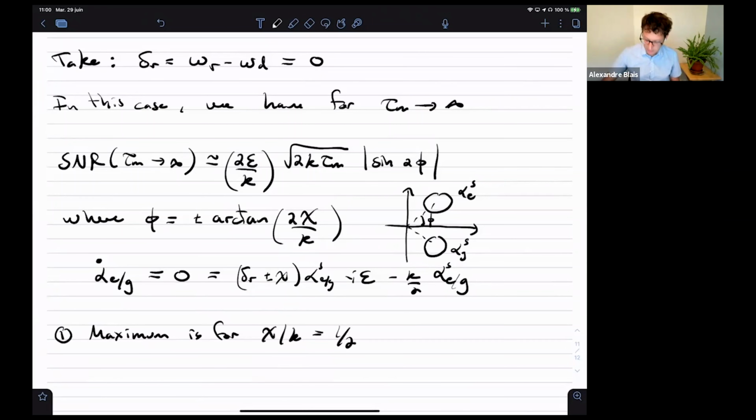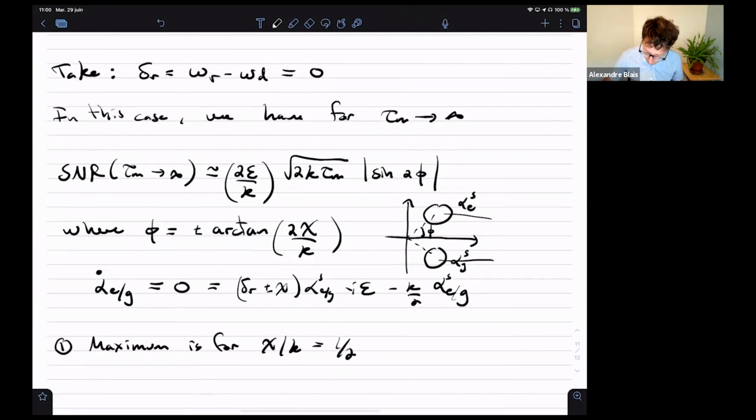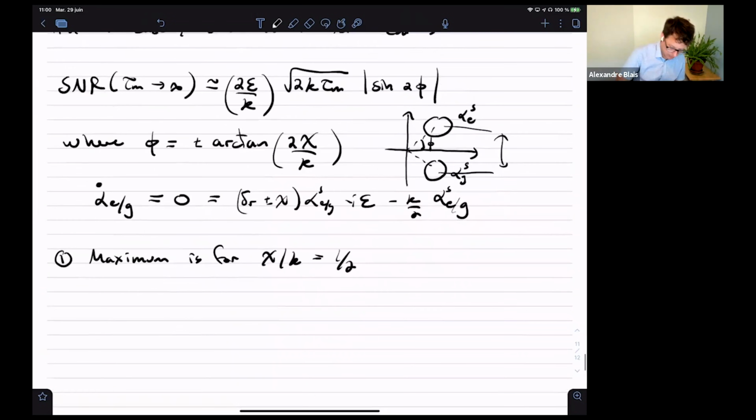So the maximum separation that you can hope for is obtained, at least at long integration time, for chi over kappa equal to 1/2. And so in your experiment, you will adjust chi and kappa in this way. And essentially all experiments do that. That statement is simply resulting from this arctan. Okay, nothing special here.